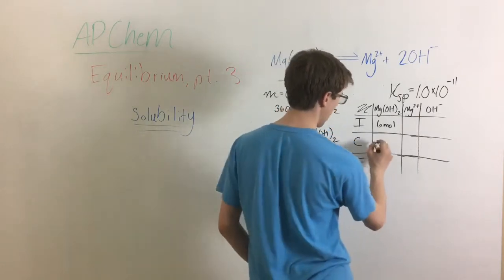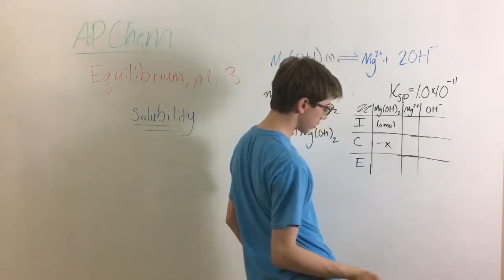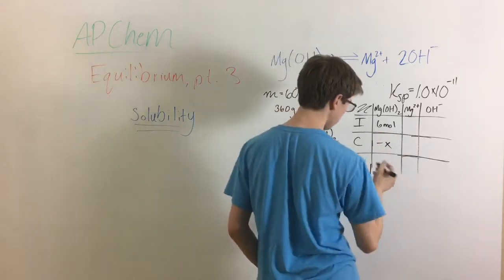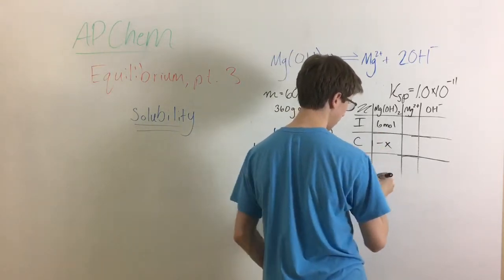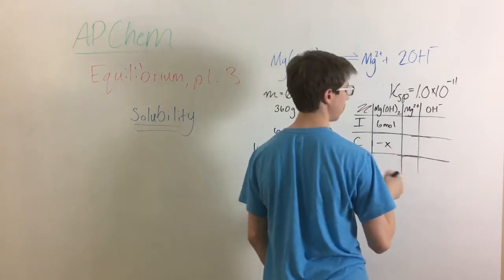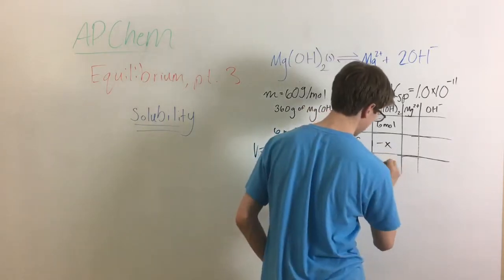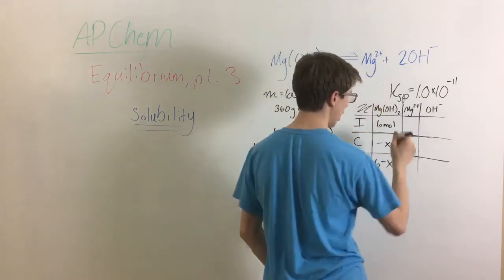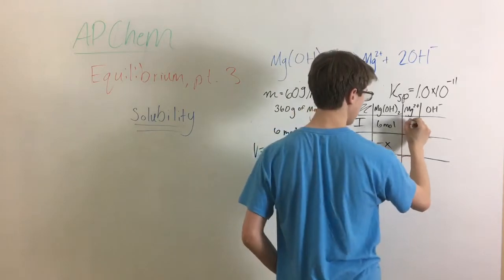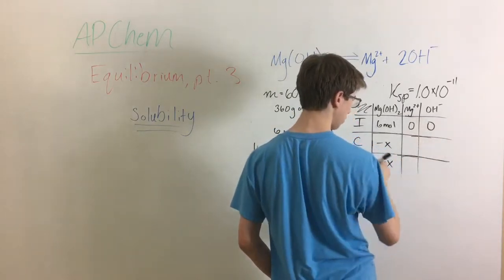So 6 moles. And then our change is minus x, which we know is probably going to be our molar solubility in terms of the 6 moles. And our equilibrium concentration, or in this case our equilibrium moles, will be 6 minus x moles. And the magnesium ion starts off at 0, and this one also starts off at 0.